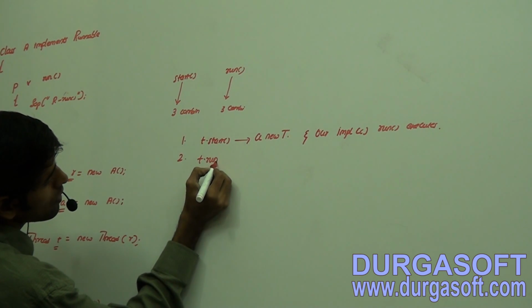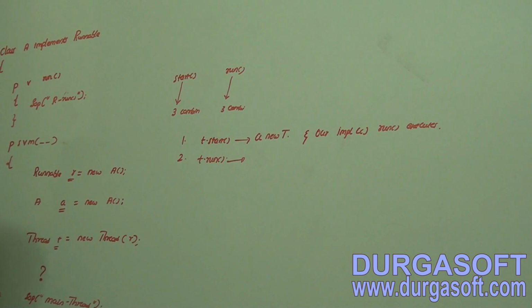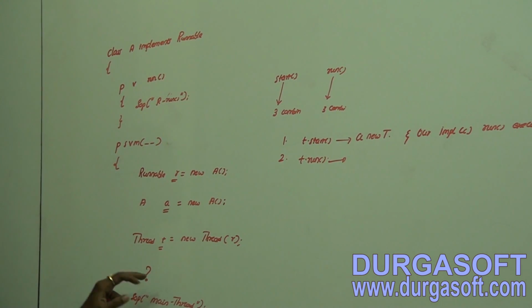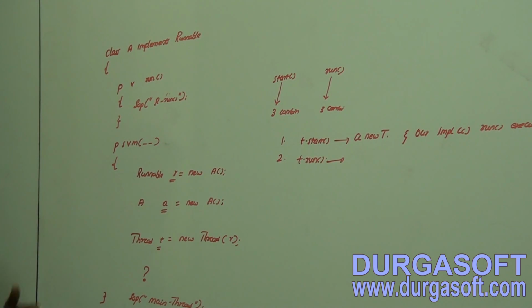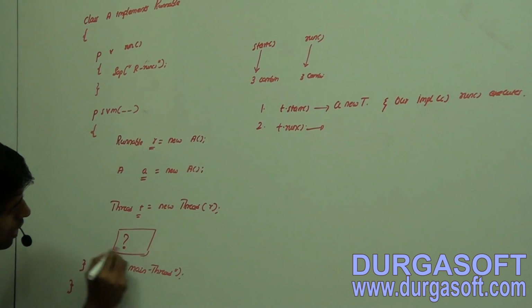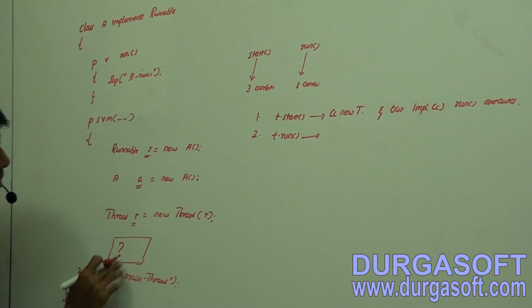Let me tell one thing, the same thing. With this instance also there will be one method associated. What is that method? Run method. Those scenarios, T dot run method.